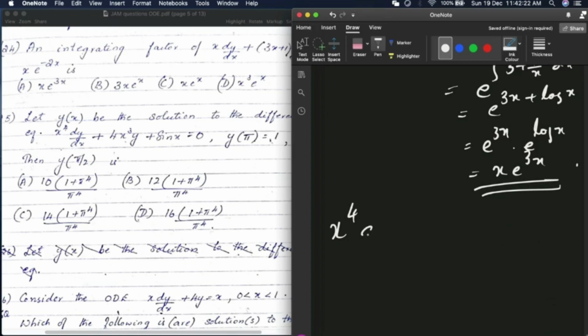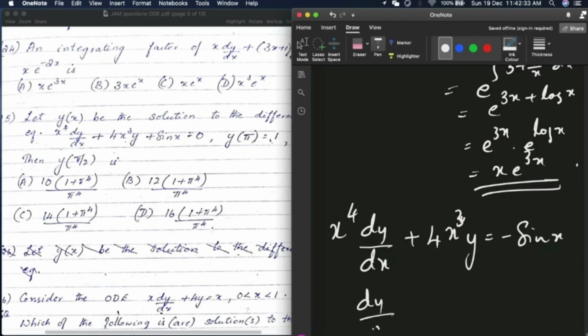X raised to 4 dy by dx plus 4x cubed y equal to minus sin x. If I want it in the standard form, it is dy by dx plus 4 by x into y equal to minus sin x by x raised to 4. So it's of the form dy by dx plus py is equal to q, exactly linear only.